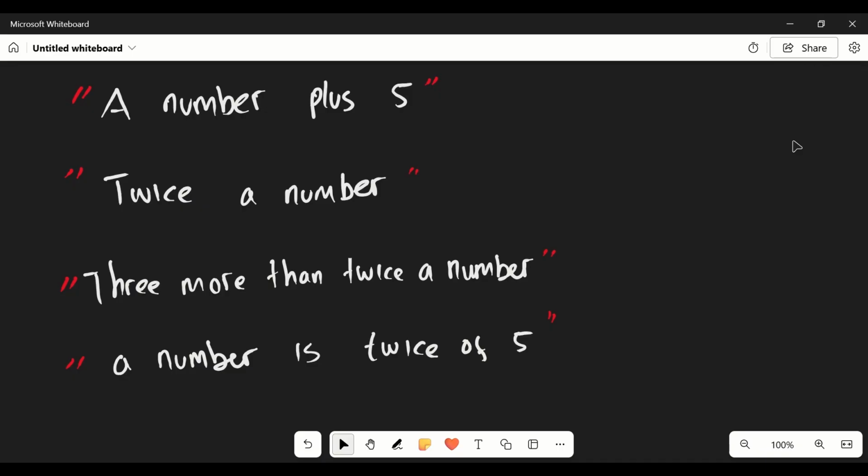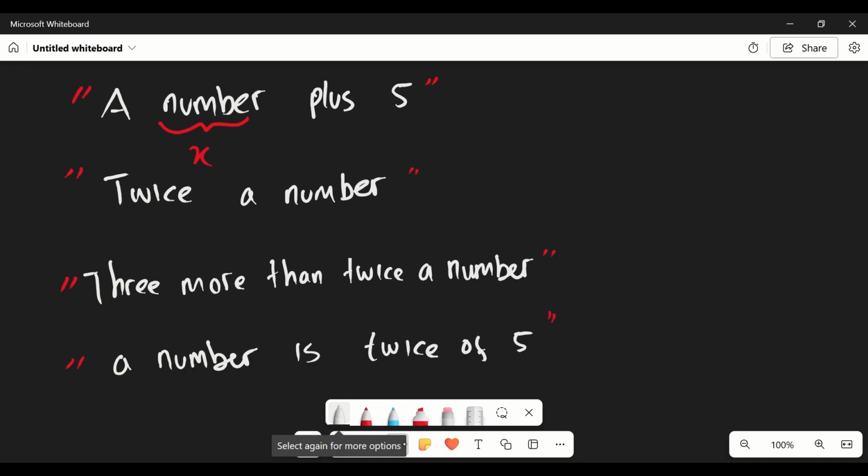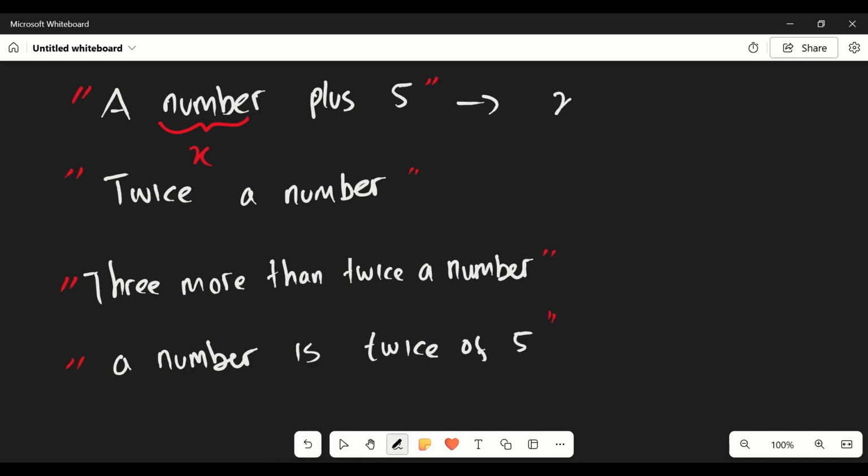Algebra is a language. You must learn translation, to make a sentence become an expression or equation. So we take a look at this example. A number plus 5. First, we must let a number become x. So we get x plus 5.